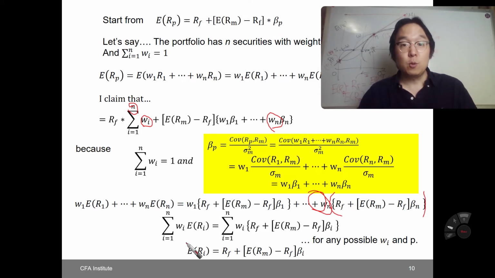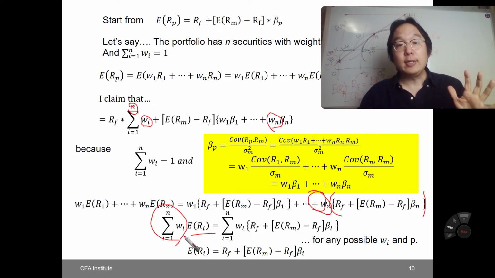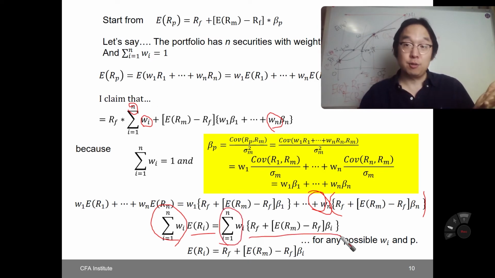Okay? So what do we see? Well, it's going to be a summation of weight of the security and its expected return equals the summation of weight of those securities and this ugly term over there.